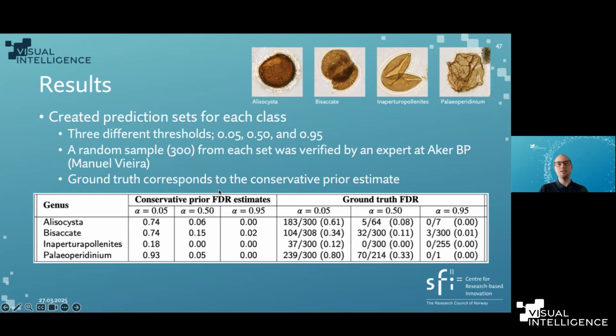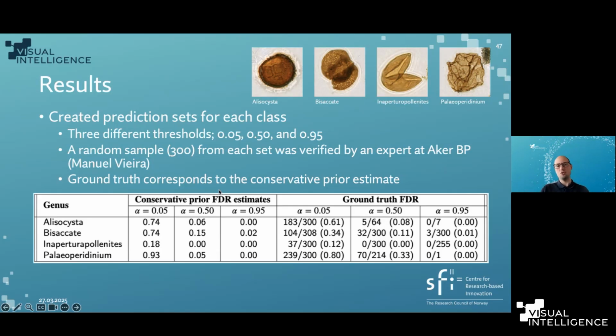And we provided data to an expert at Aker BP, Manuel Vieira, who took a random sample of at most 300 from each of the sets, and simply assessed whether the prediction set actually contained the class of interest or not.